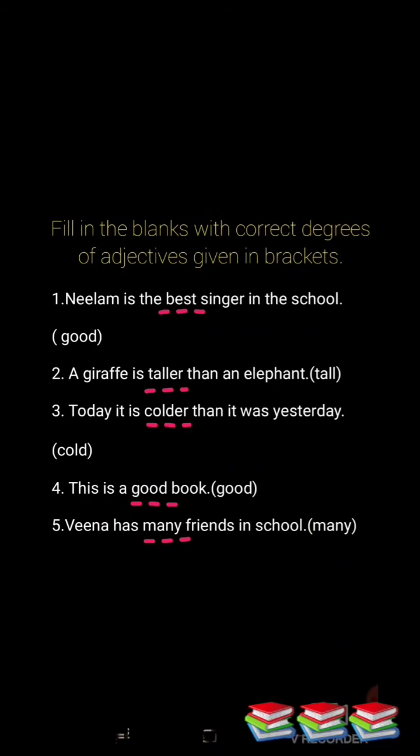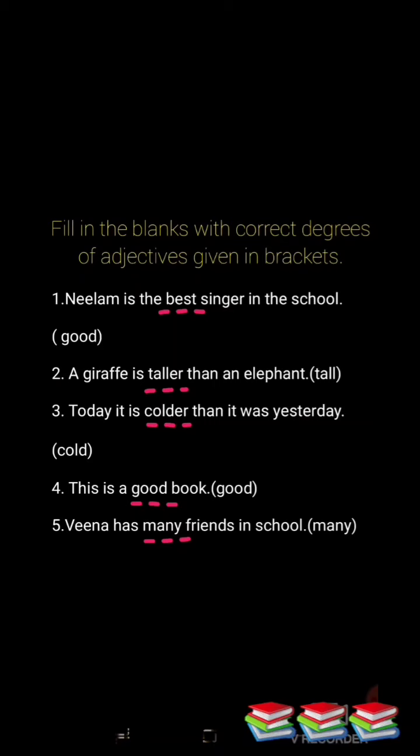In this, you have to fill in the blanks with the correct degrees of the adjective given in brackets. So, Neelam is the dash singer in the school. You can see that before the blank there is a "the". The bracket word is good. It is going to be changed to superlative degree. So it becomes best.